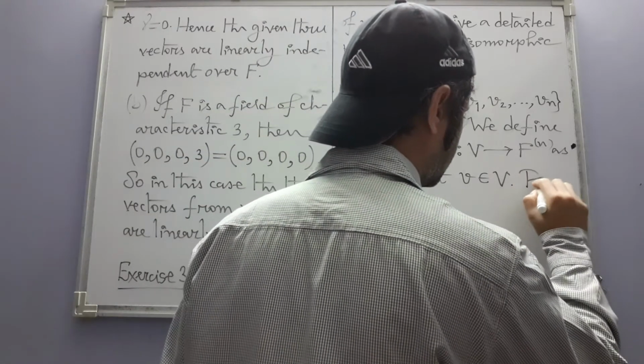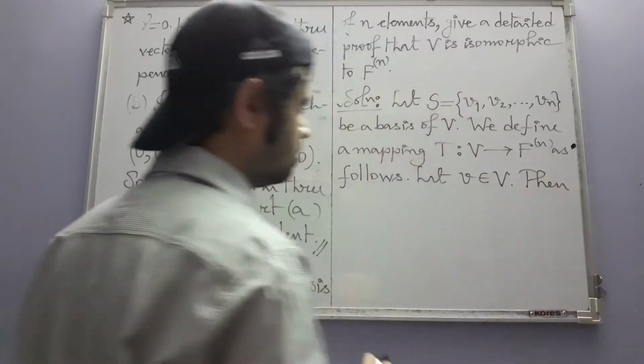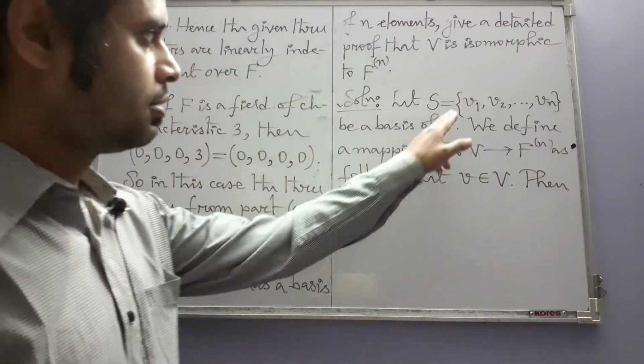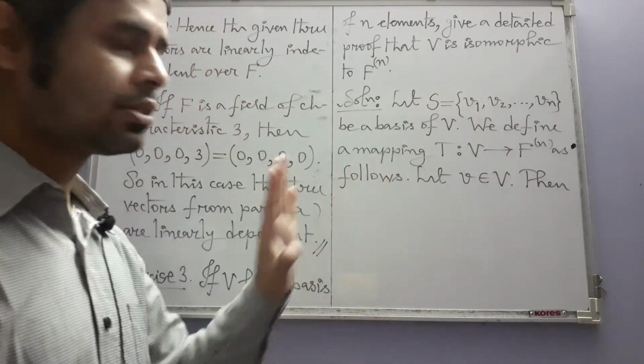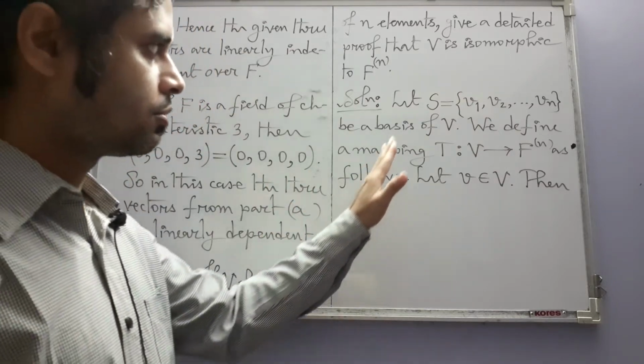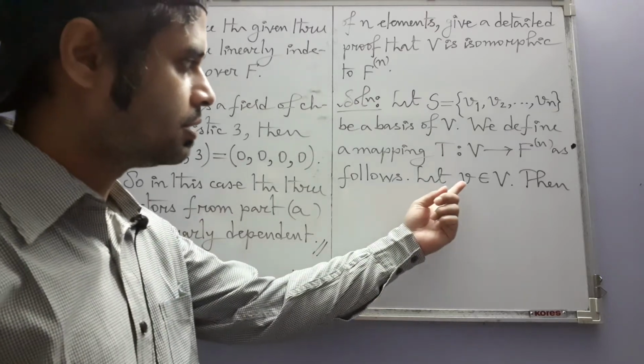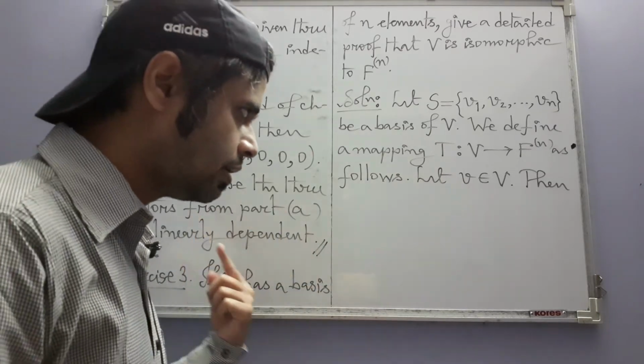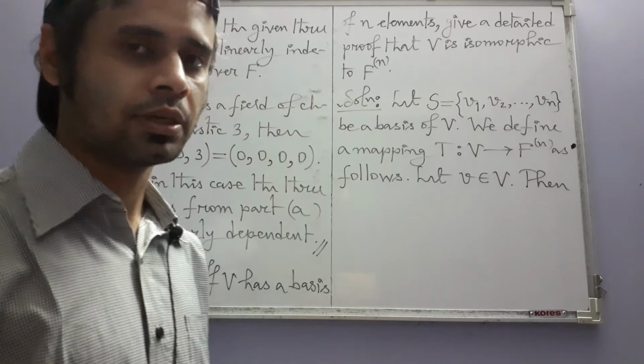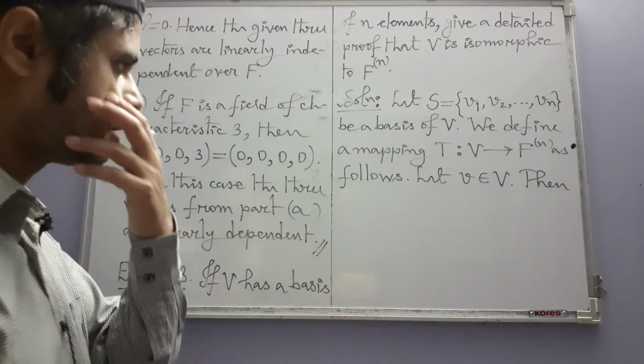Then, because capital S is the basis of capital V, S spans capital V. That means this small v is a linear combination of these basis vectors because of that spanning nature.